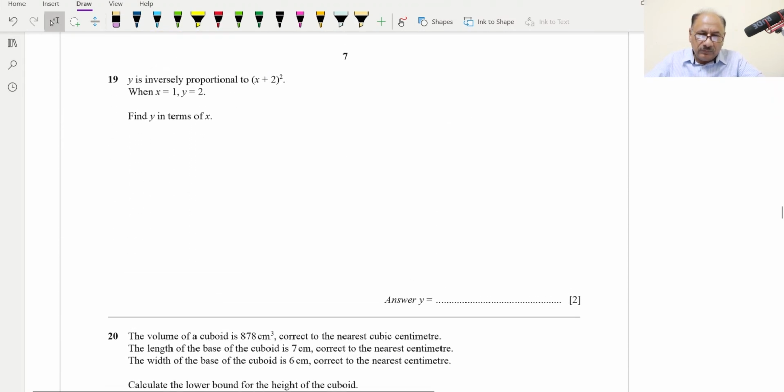Now proportionality question, y is inversely proportional to x plus 2 squared. Now they have provided 2 values which we can use to find the value of k, and then we will be using it to find y in terms of x.